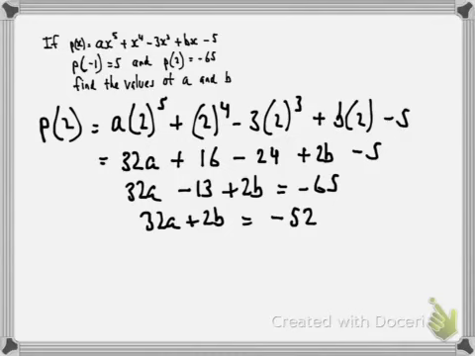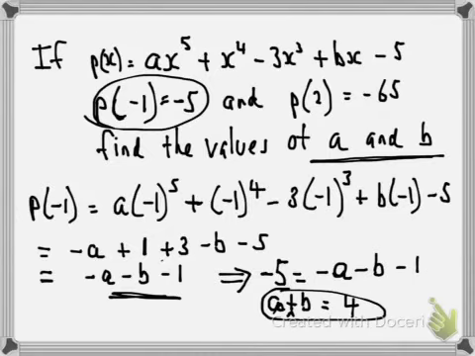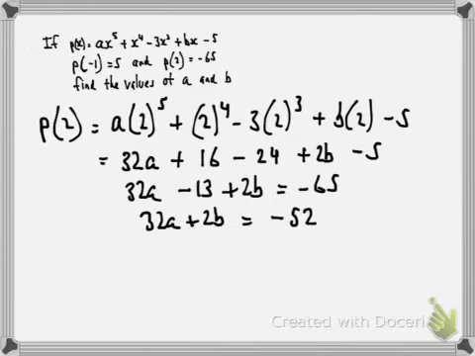Going back to the previous page for a moment, we saw that we had a plus b equals 4, so we'll put that there as well. So we've got both equations there. A plus b equals 4 is equation 1 and the other is equation 2.